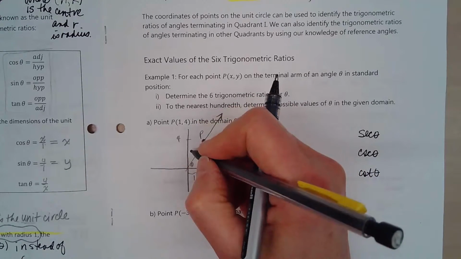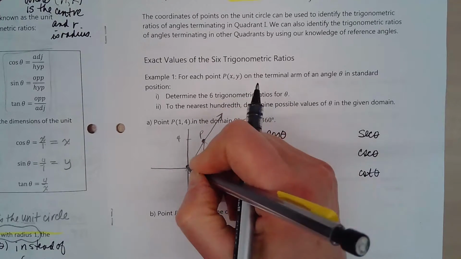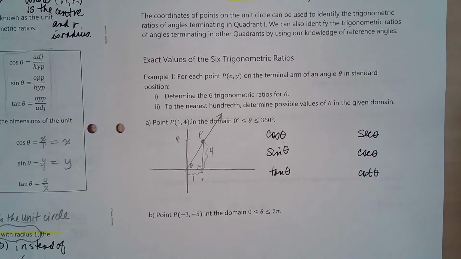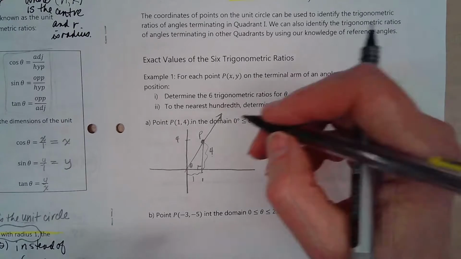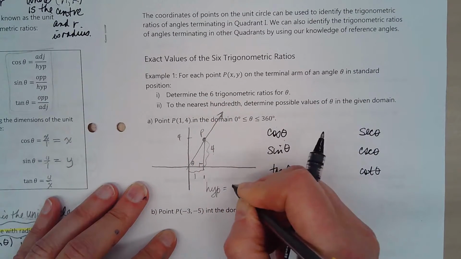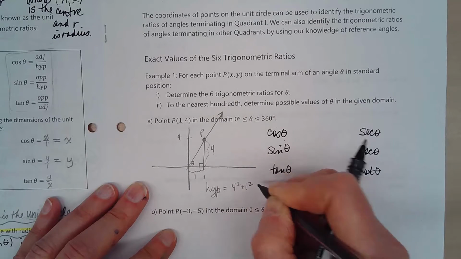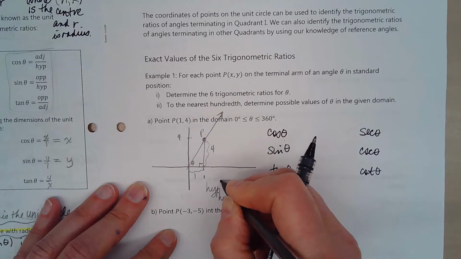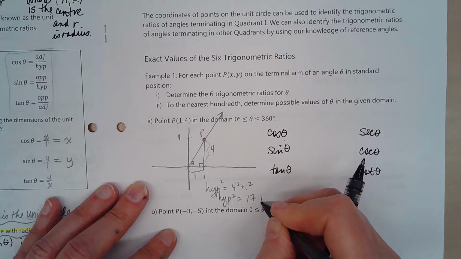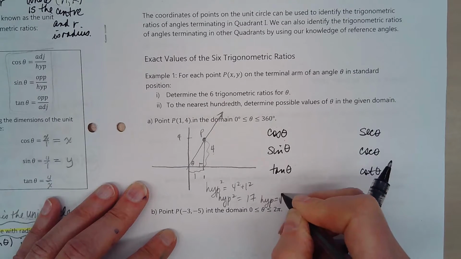The hypotenuse. Can we figure out how long the hypotenuse is? Let's see. The hypotenuse squared equals 4 squared plus 1 squared. Sorry, the hypotenuse squared equals 17. So the hypotenuse equals root 17.